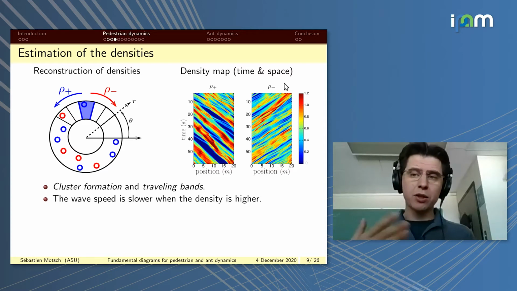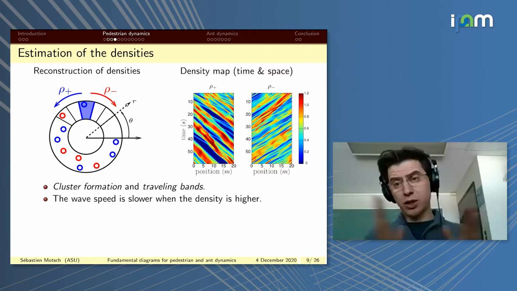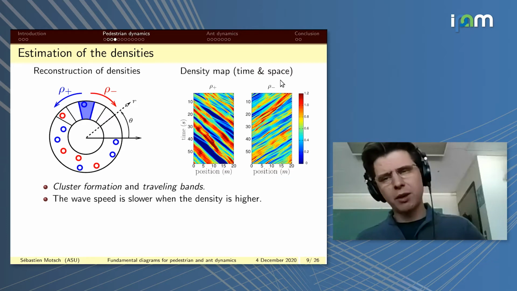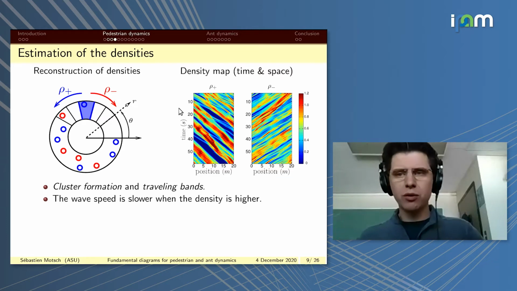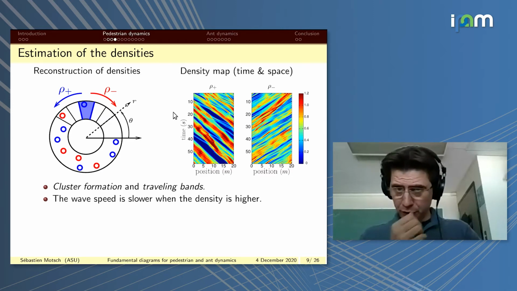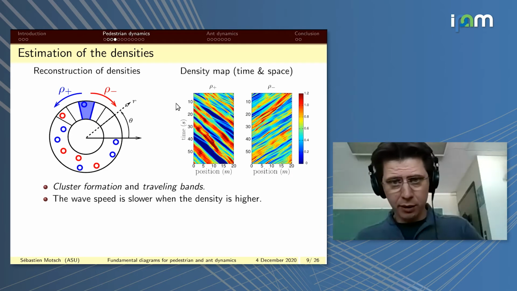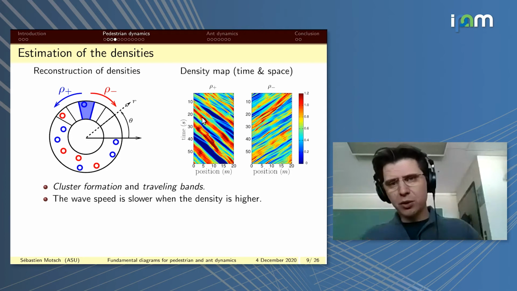The nice thing is that because we do this projection, it's only 1D, so we can visualize the whole experiment with just a 2D plot. If it was 2D space plus time, it would be more complicated. So what you observe here is basically some lane formation, because you see some concentration.